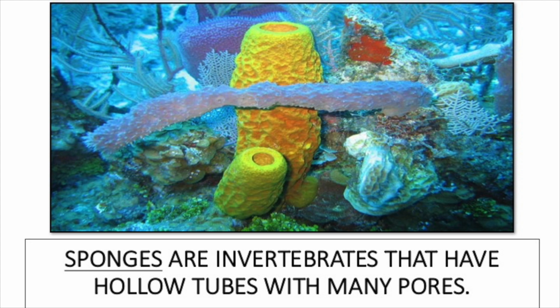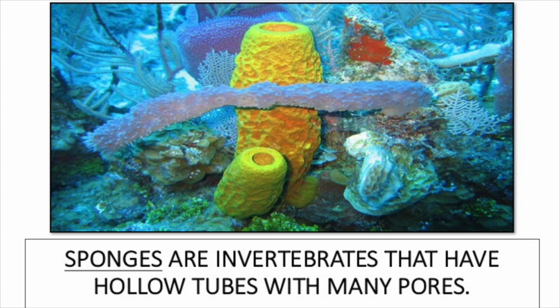Sponges are invertebrates that have hollow tubes with many pores. Yes, look in this picture here. These are what we know as sponges or sea sponges because they live in the sea.